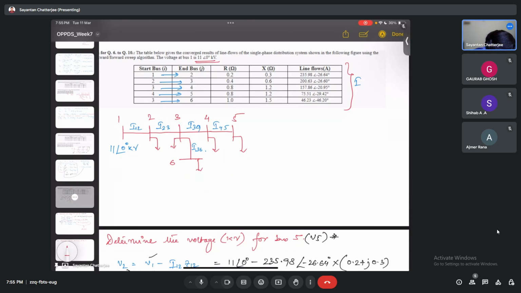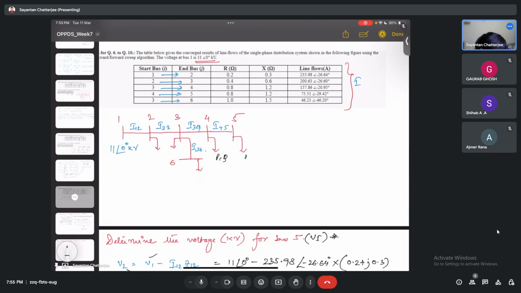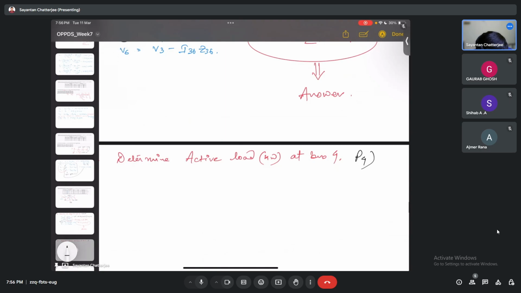So that means there are some P and Q values for each of these nodes. P and Q, this will be P4, Q4, P5, Q5, P6, Q6, P2, Q2, P3, Q3. So for all these values, here we are required to find out the value of bus 4, that means P4, active power at bus 4.